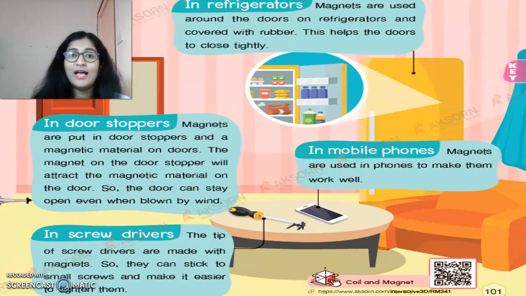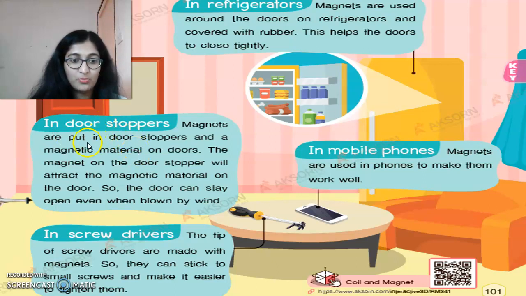The second is that magnets are found in mobile phones, to make them work well. And we have door stoppers.